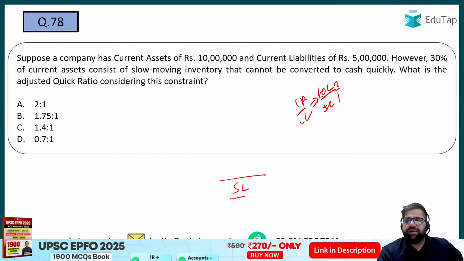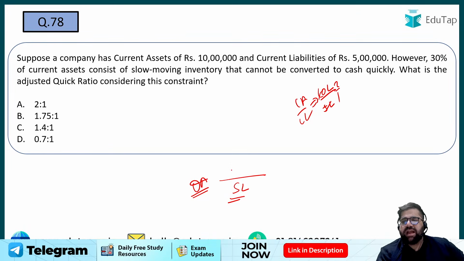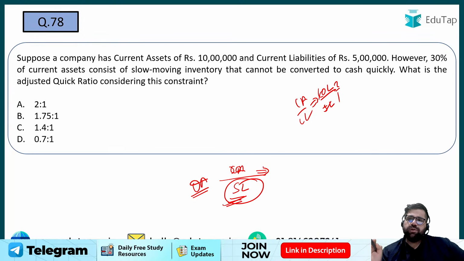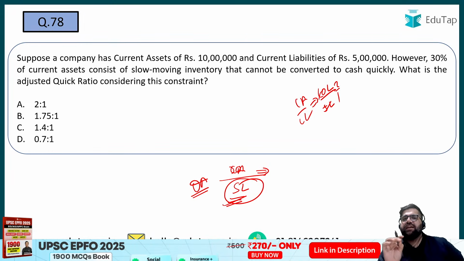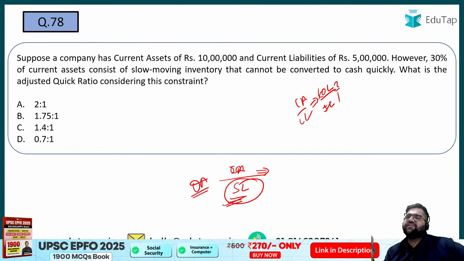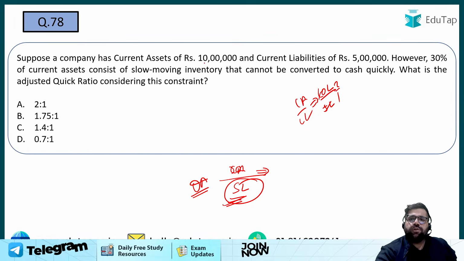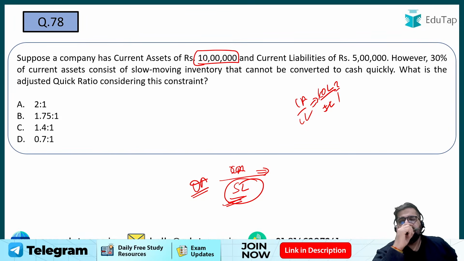Current liability will remain the same because your quick ratio is your quick assets divided by current liability. Quick assets you have to see; for that they have said however 30% of the current asset consists of slow moving inventory which cannot be converted into cash. So you have to take 30% of 10 lakh and reduce it.